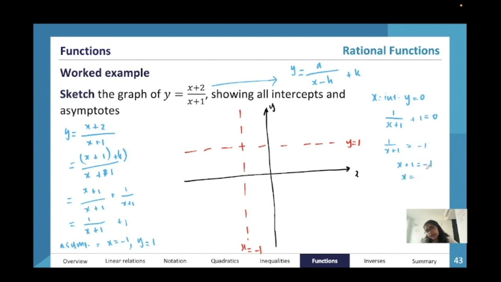X equals negative 1 minus 1, negative 2. So our coordinates are negative 2, 0. Next, let's find the y-intercept. So y-int, x equals 0. So we've got 0 plus 2. So y equals 2 on 0 plus 1. That's equal to 2 on 1, which is just 2. So the coordinate is 0, 2.